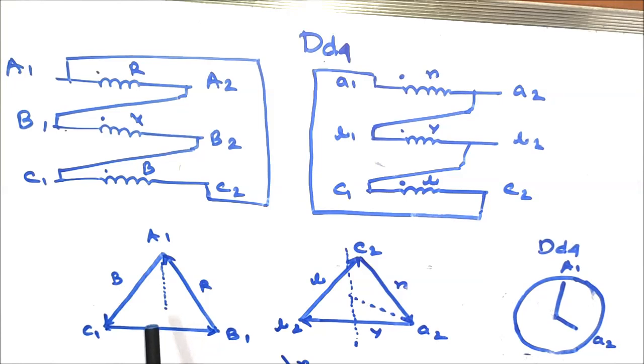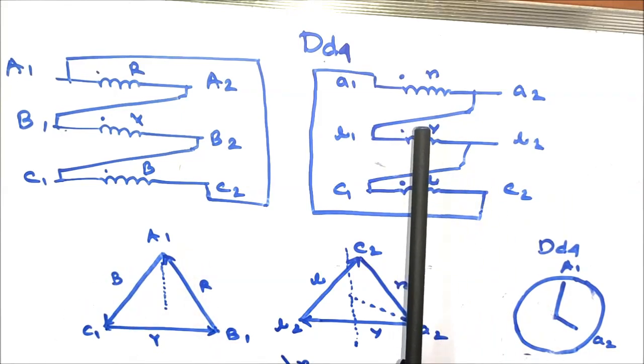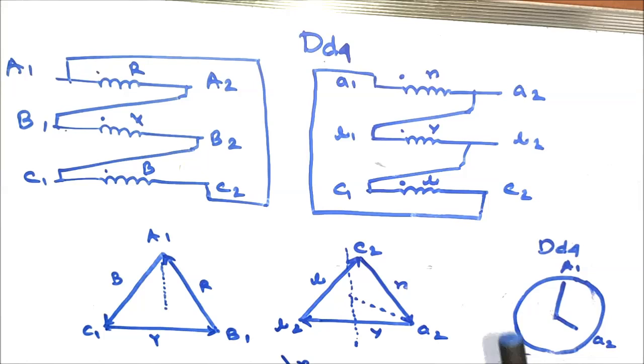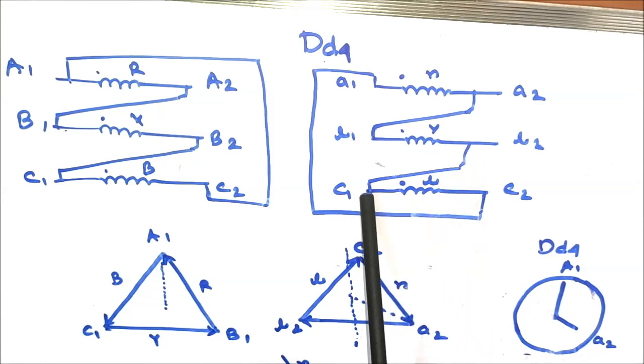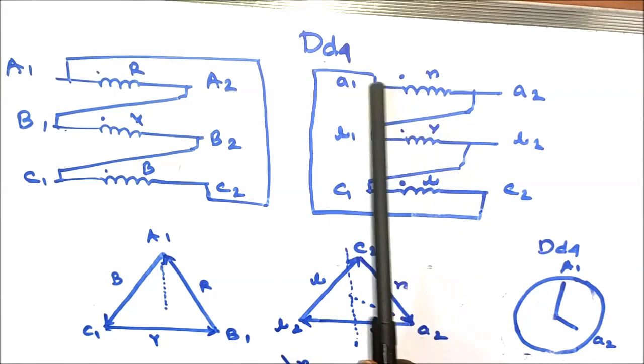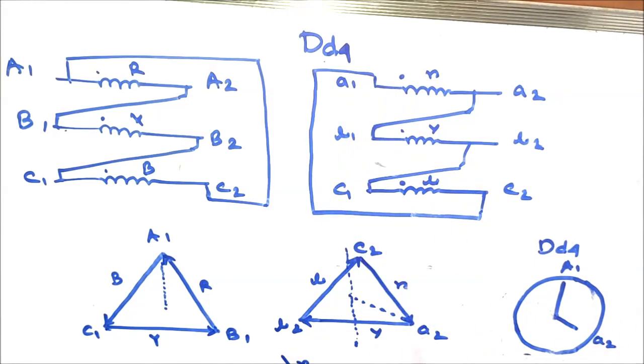If I draw the virtual neutral and draw a straight line, it will be at 12 o'clock in the clock rotation. In case of the LV side winding, the connection terminals are A2, B2, C2. Now we have shorted A2 with B1, B2 with C1, and C2 with A1 to form the delta connection. The phase sequence for red, yellow and blue is reversed.